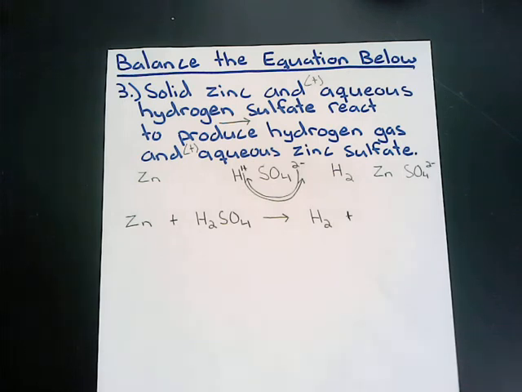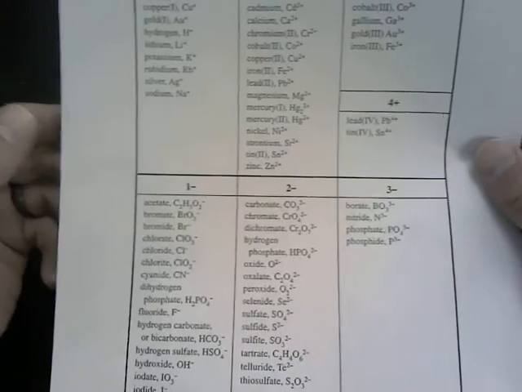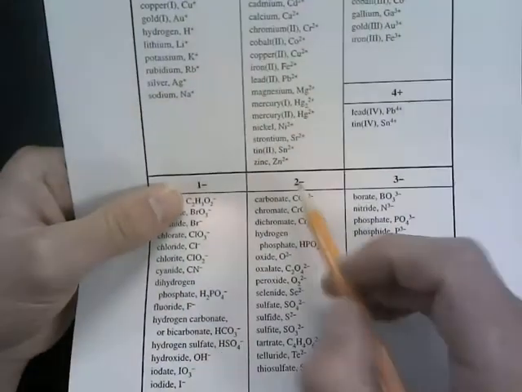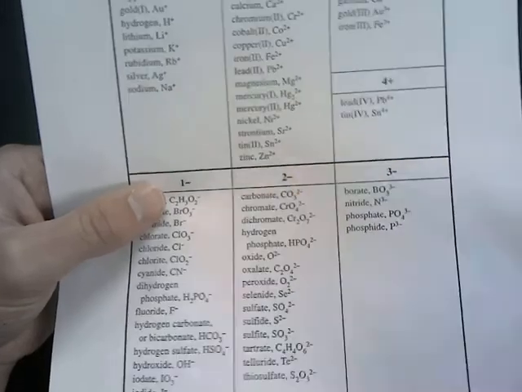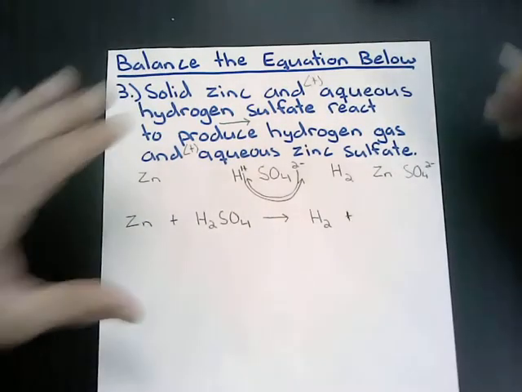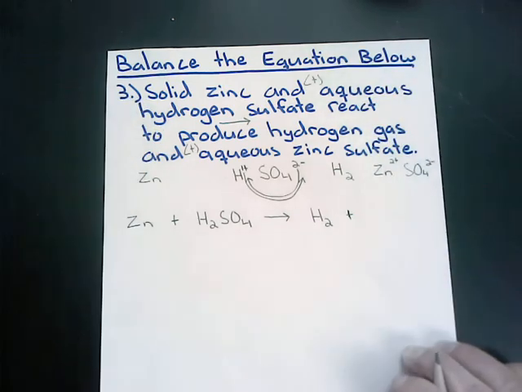So now before we can put that formula down, we have to look up what is the charge of zinc. It is a transition metal, but remember, it is one of those exceptions that does not have the charge written in parentheses. And so if we look here, zinc has a 2+ charge. So we go ahead and write this down as 2+.